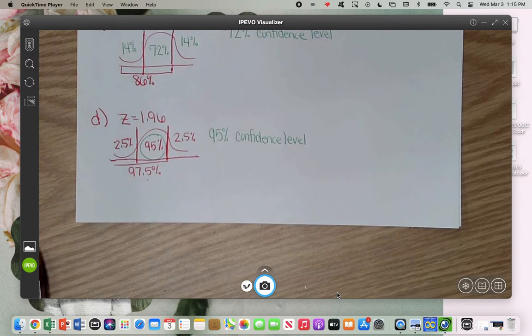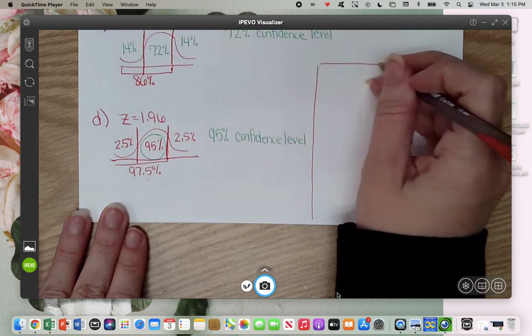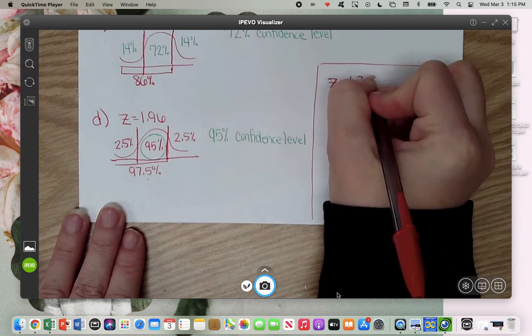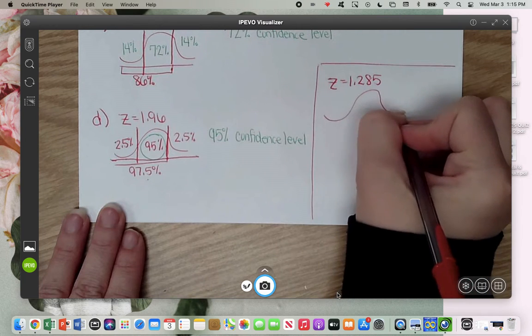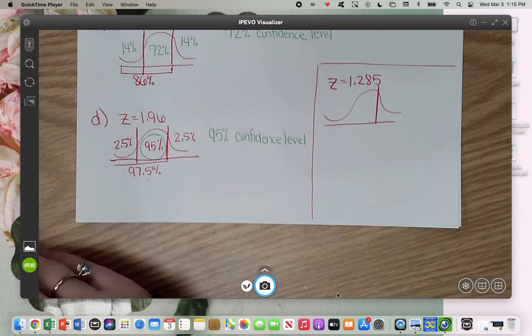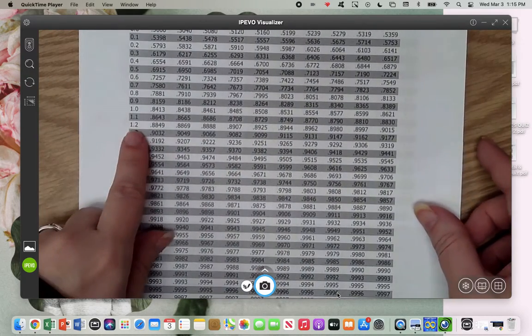Now my last one is, and I'm going to just try to write it over here so I don't have to get out a new piece of paper or adjust the camera. Let's go with 1.285. All right, so the first thing we have to figure out is what the area from that down to the left tail is. So 1.285, 1.2.